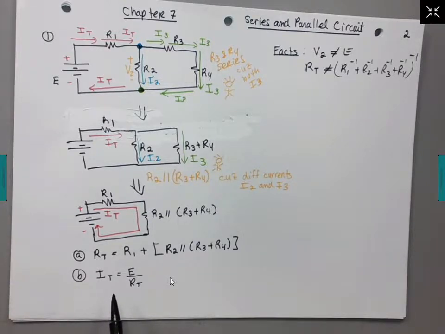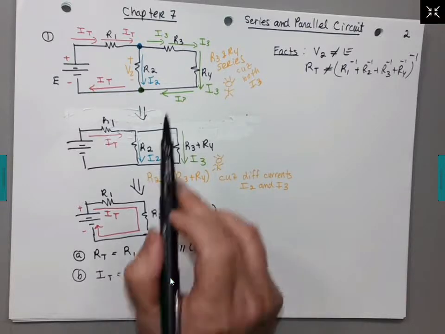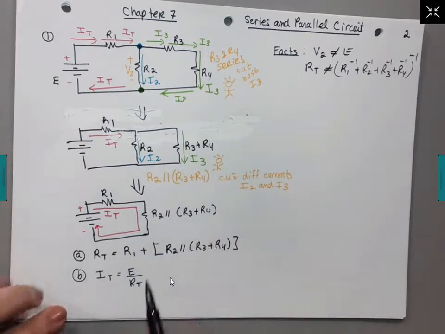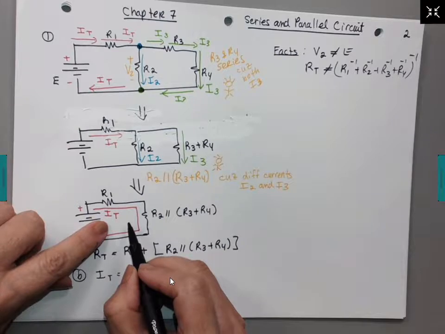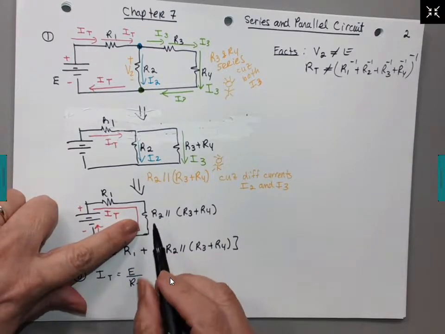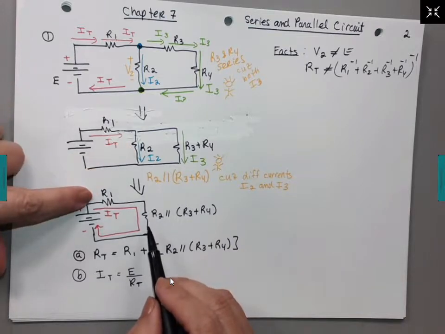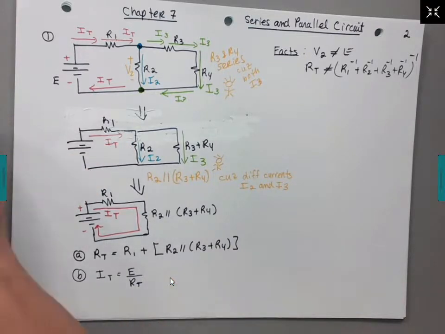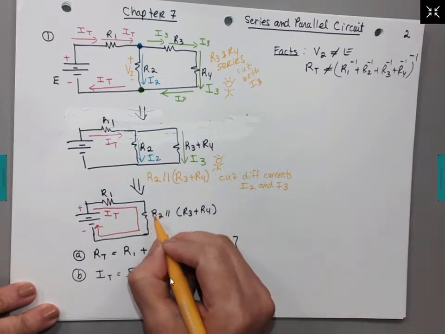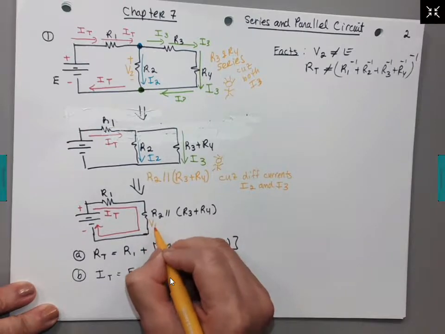So we are going to start doing some problems. Okay? But I want you to see this as you go. You can find IT. If you found IT, could I go back and find what the voltage would be across him and here? Yeah. So once you have IT, you could go and find the voltage across this guy. Let's call him V parallel.